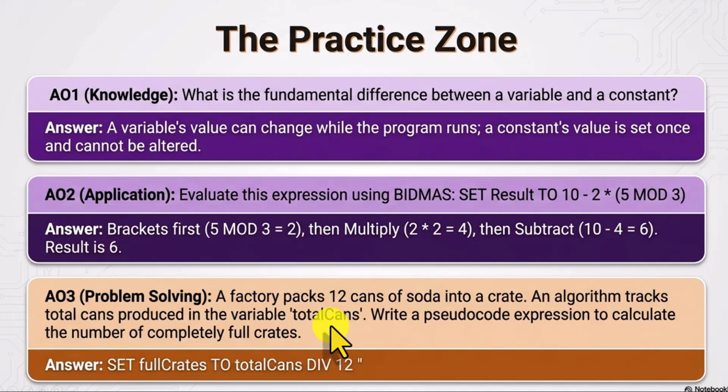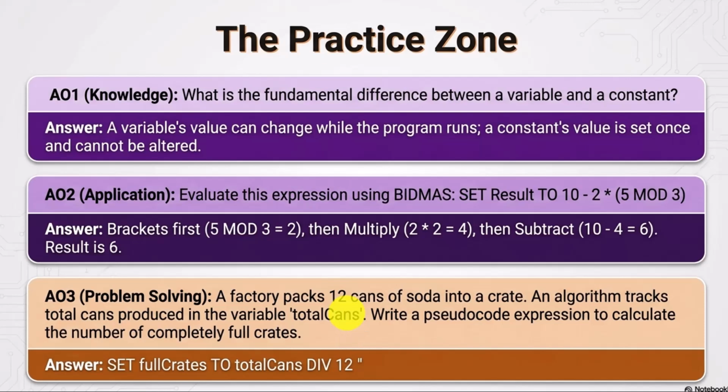Question number 3: a factory packs 12 cans of soda into a crate. An algorithm tracks total cans produced in the variable total cans. Write a pseudocode expression to calculate the number of completely full crates. So inside the variable total cans, we have the number of cans that are produced.